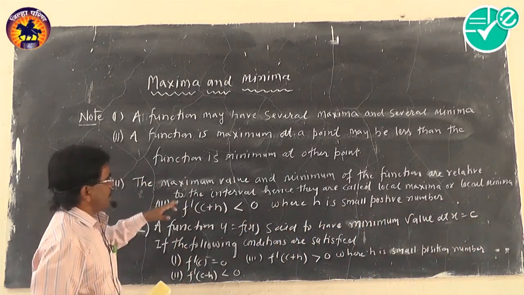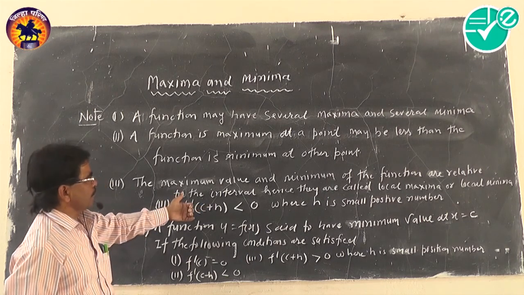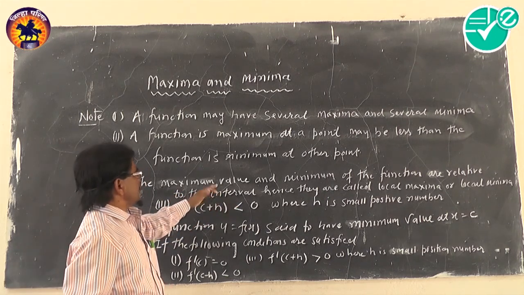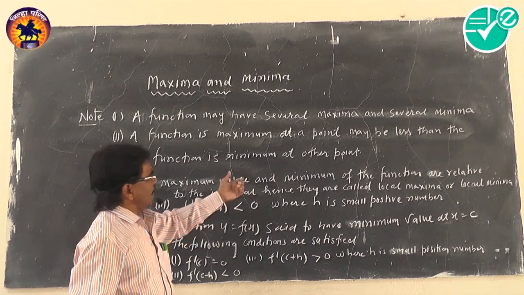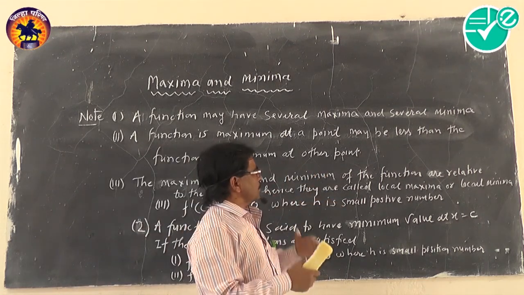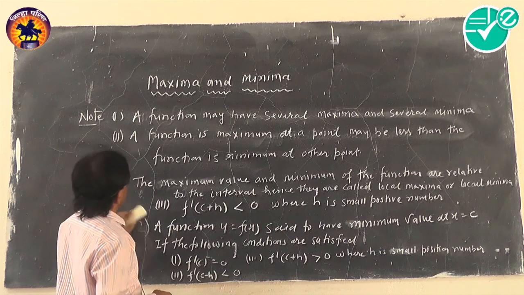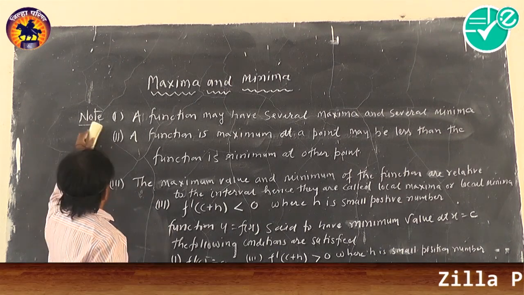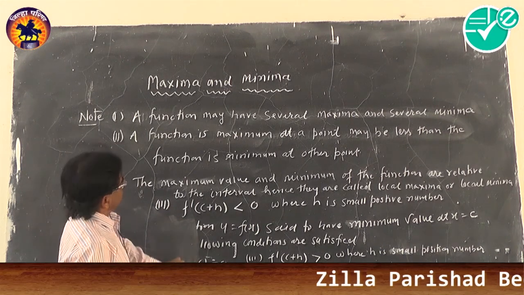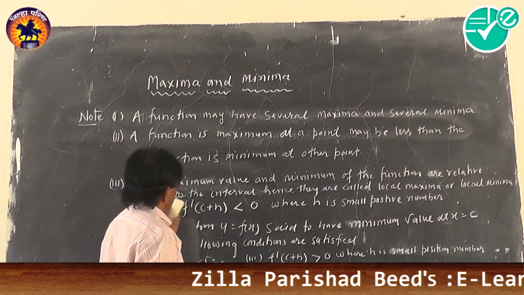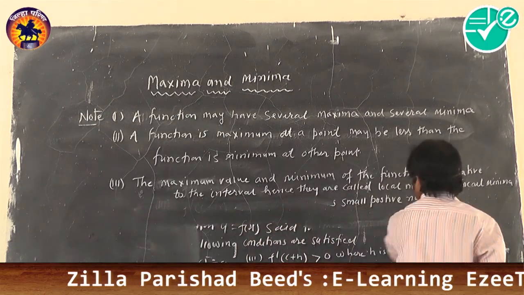Means maxima and minima are relative to interval, means this maximum value is for a particular interval and this minimum value is for a particular given interval. So you can keep in mind these 3 notes which are useful in solving the problems.